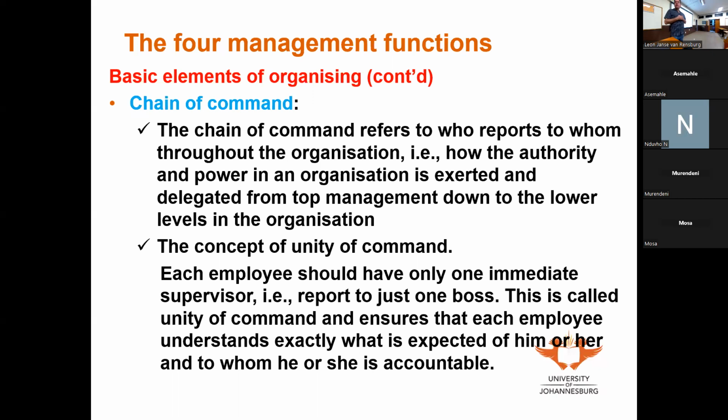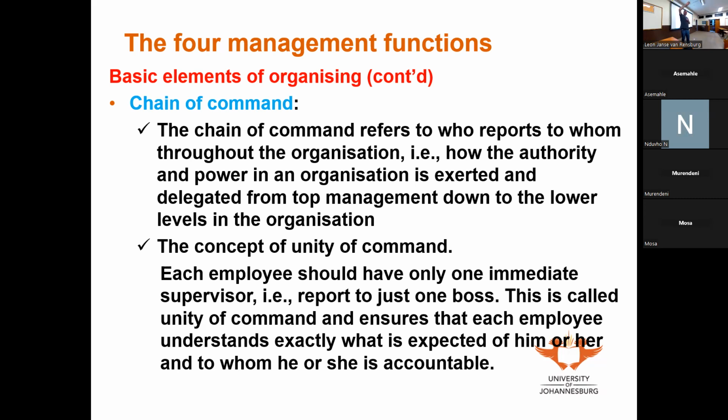The concept of unity of command is that each employee should have only one immediate supervisor. It's very difficult and challenging for people if they have two people to report to, and that happens. If we talk about the matrix structure, you don't have unity of command there; that actually breaks this principle.